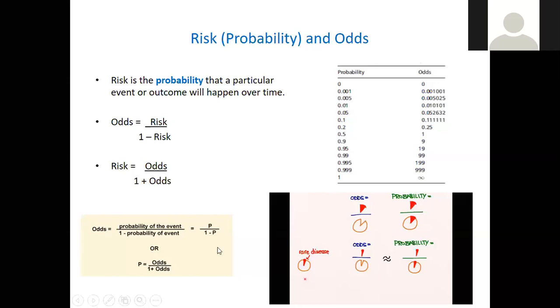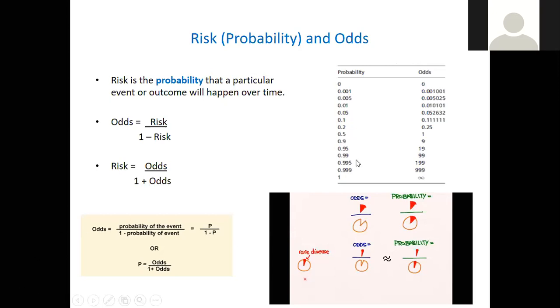Because if you say the probability of the event happening is 4 out of 10, it means 40%, 4 over 10. If you look at it, 4 divided by the total, including the 4 itself, forms the denominator.